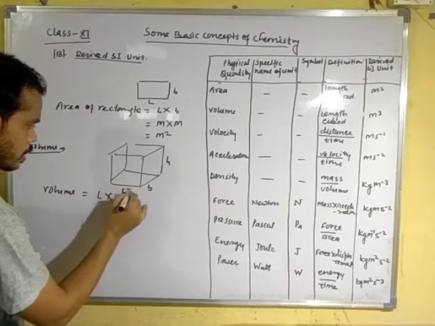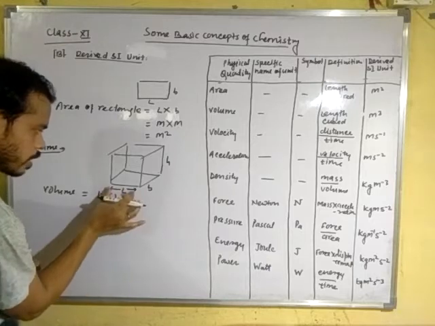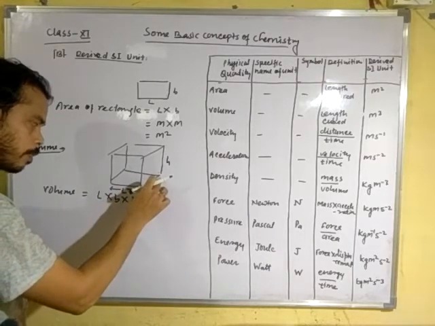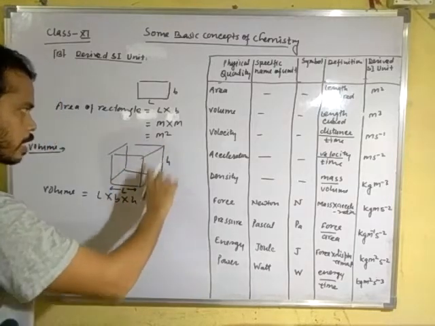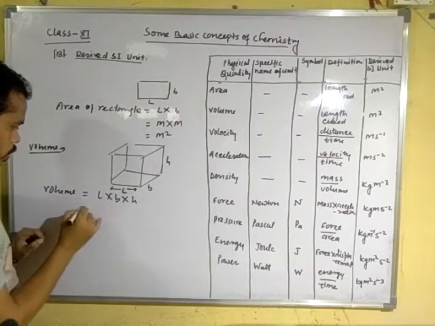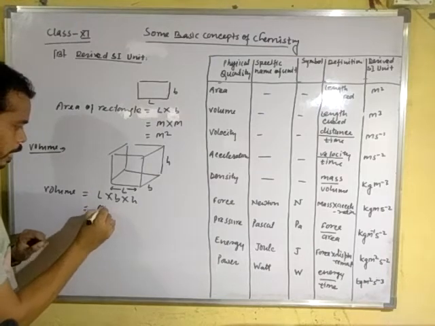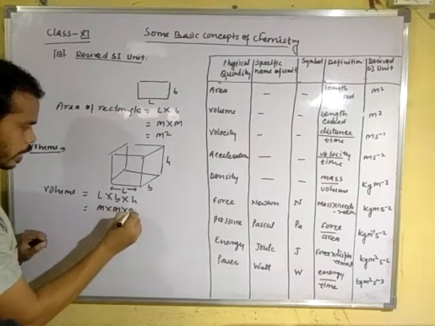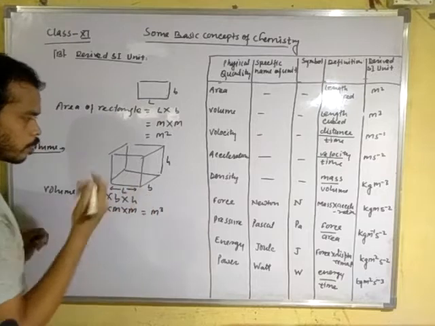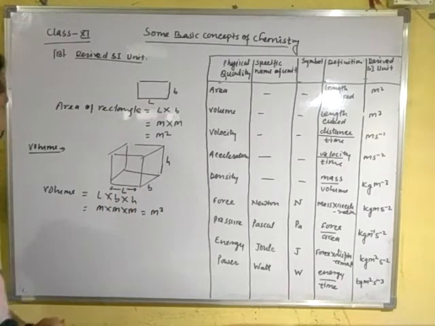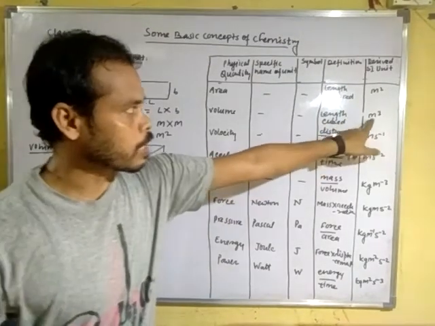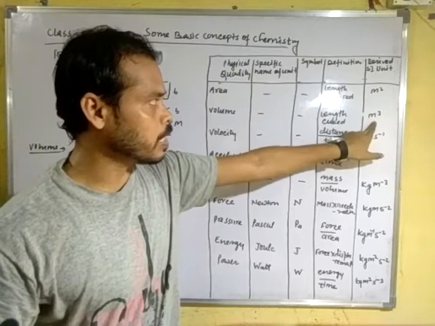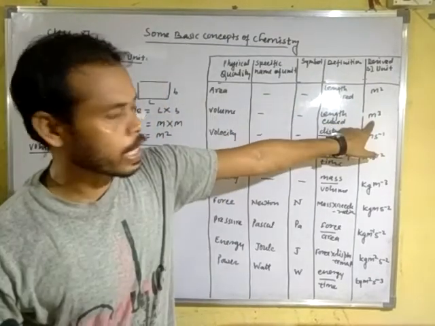The unit of length is meter, the unit of breadth is meter, and the unit of height is also meter, because these are distances. So you can write meter into meter into meter, which is meter cube. That means the derived SI unit of volume is length cubed, that is, meter cube.